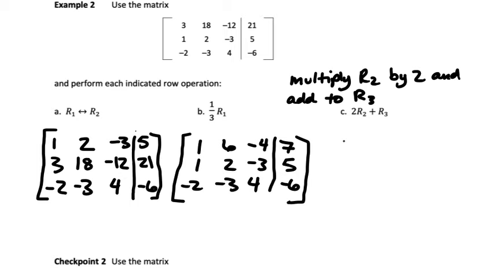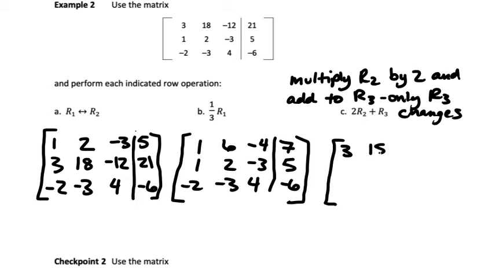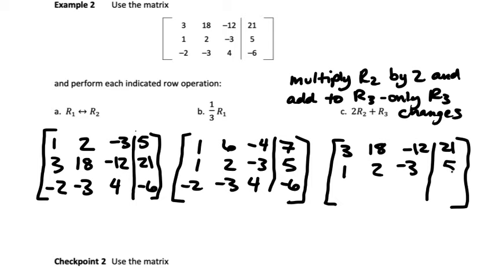So my first 2 rows are not going to change. Only row 3 changes. So I'm going to copy the first 2 rows here because I know they're not changing. 3, 18, negative 12, and 21. And we have 1, 2, negative 3, and 5.